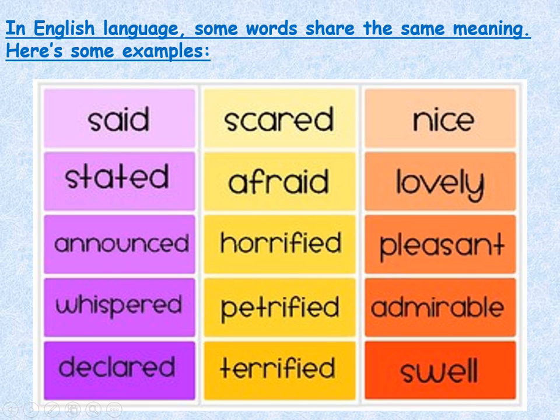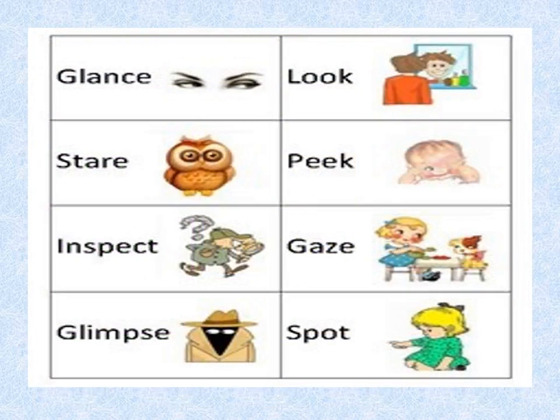Now let's go and use more examples. For example, when you have a glance of something, you either look at it or glance at it. When you stare, you can also peek.